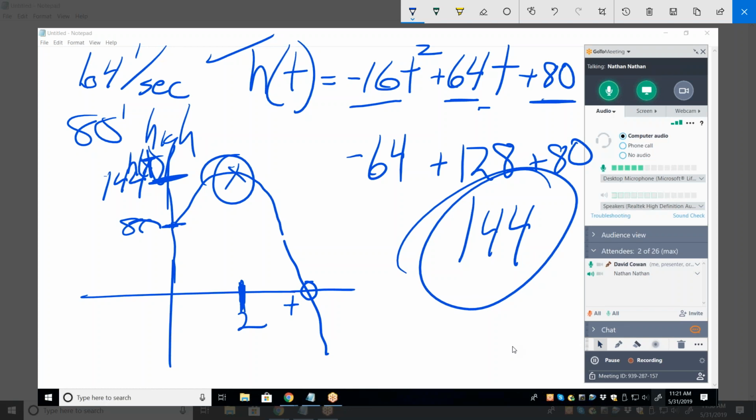Well, notice that it hits the ground when the height is 0, correct? So if I substitute 0 for that, now I have a very standard looking quadratic that I'm going to solve, and I get 2 answers. One of those answers is that one. Another one is on that side, but that's going to be negative. Time cannot be negative.